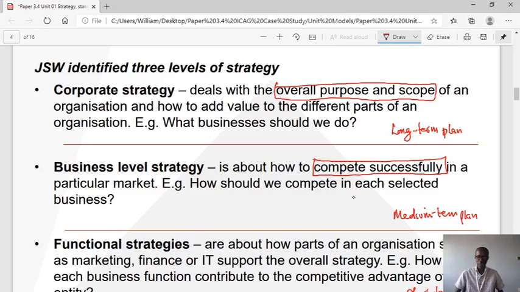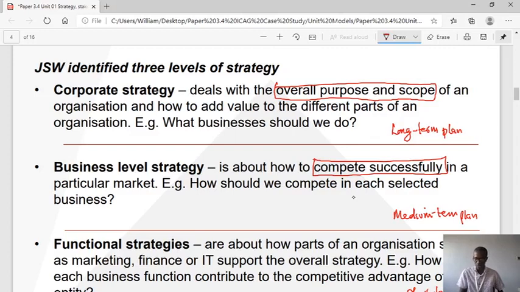So these are the three levels of strategy, and when you look at it from long term, medium term, and short term, that was not done by Johnson and Scholes. It was rather done by another expert, R.N. Anthony, who identified three levels of planning within an organization: strategic plan, which is the long-term plan; the tactical planning, which is the medium term; and then the operational plan, which is the short-term plan.